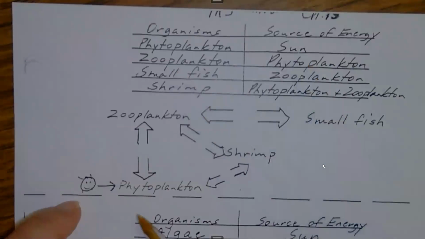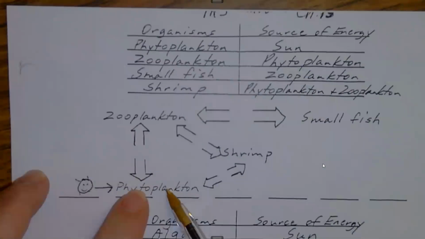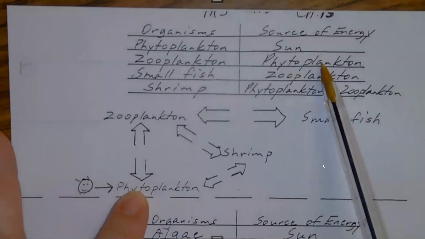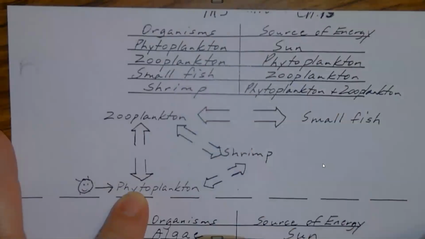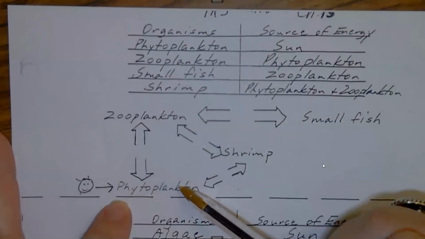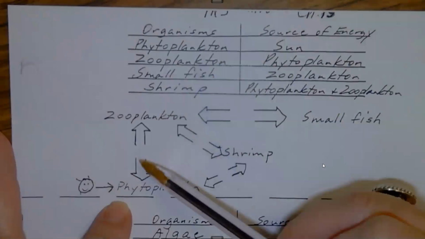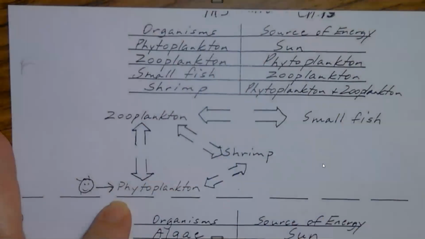So here, our source of energy is the sun, and it goes to the phytoplankton. And then the phytoplankton is the source of energy for zooplankton. So which arrow should we keep? Here's my phytoplankton, here's my zooplankton. Should we keep the arrow that's going toward the zooplankton or the one that's going toward the phytoplankton?